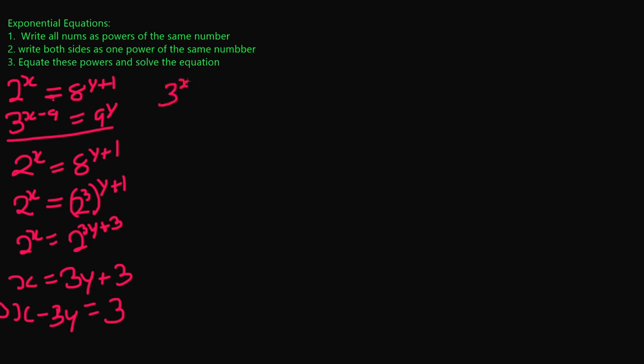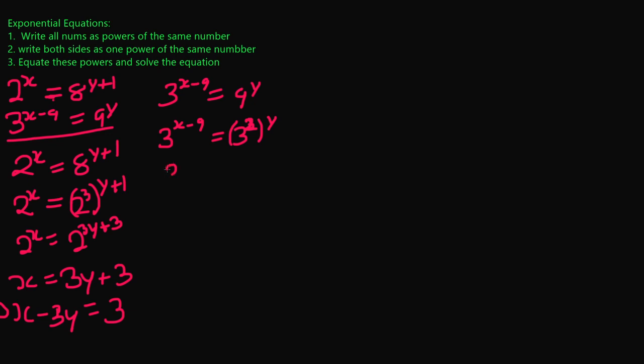3 to the x minus 9 is equal to 9 to the power of y. Okay, so for 3 to the power of x minus 9, I'm going to get the same base, so 3 to the power of 3 multiplied by y, or 3 to the power of 2, because 3 multiplied by 3 is 9.